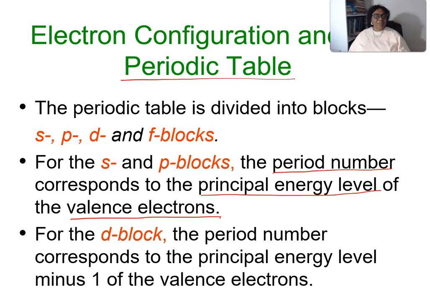For the D block, the period number corresponds to the principal energy level minus 1 of the valence electron.